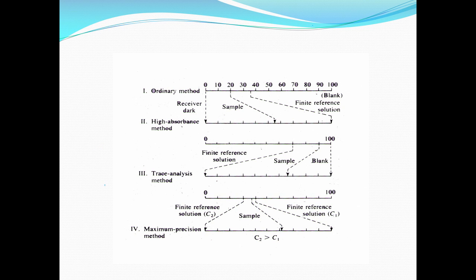So, what do I do here? If the sample is having very low transmittance, I want to limit my range to 20 to 40% or maybe 35%, because my sample maximum contains 35% transmittance.